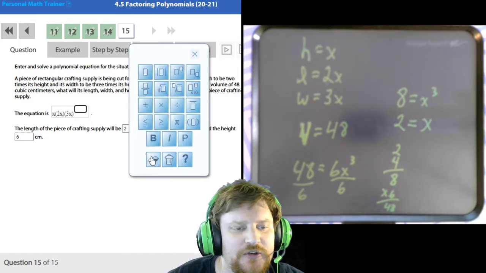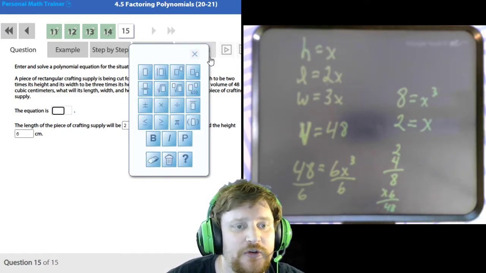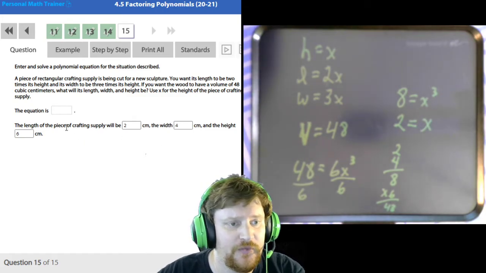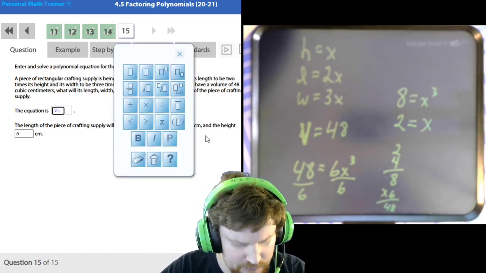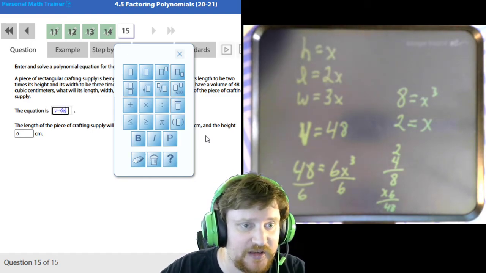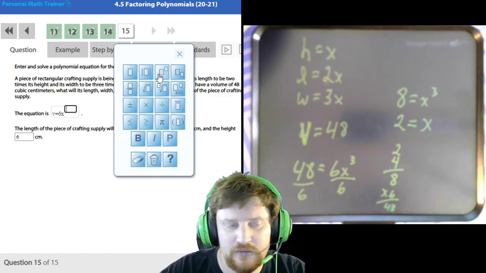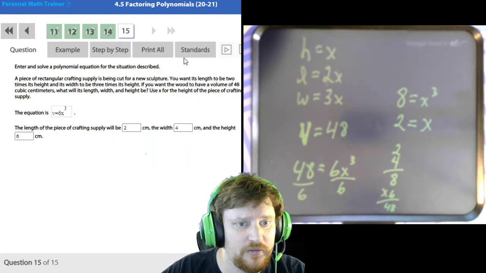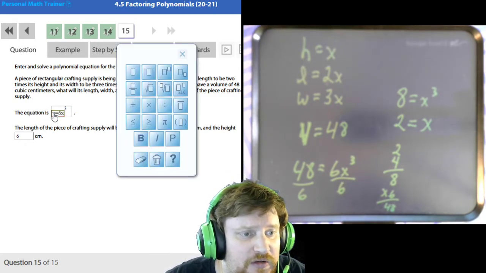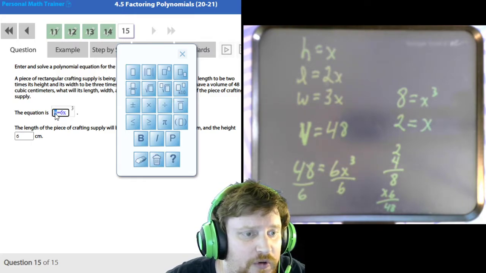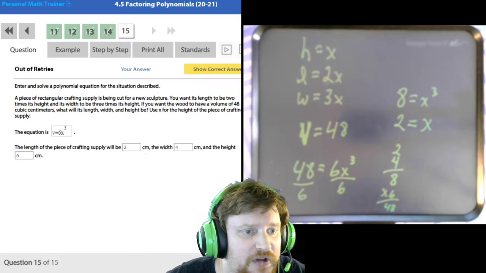Equation, not expression. So they actually want you to write v equals, and do they want 6x cubed? And do they want that to be v or 64? I'm going to do v.